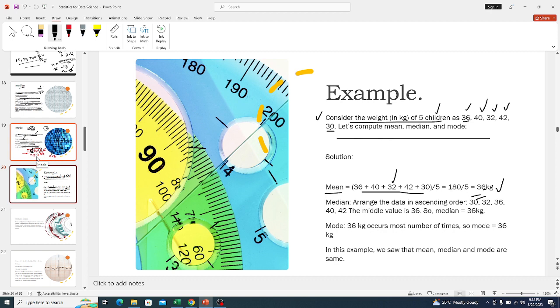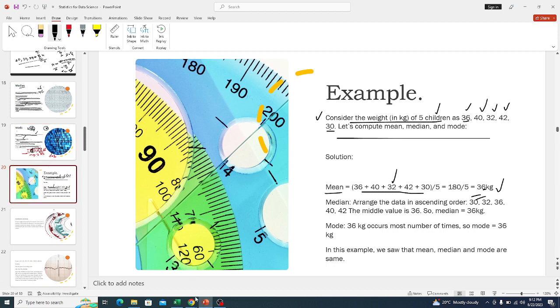For example, the mean is highly affected by extreme values, that is, by outliers.